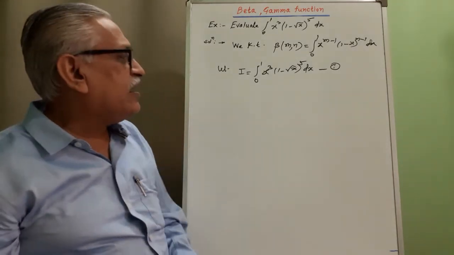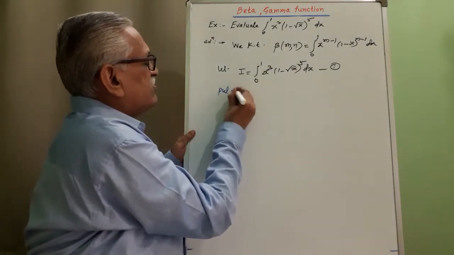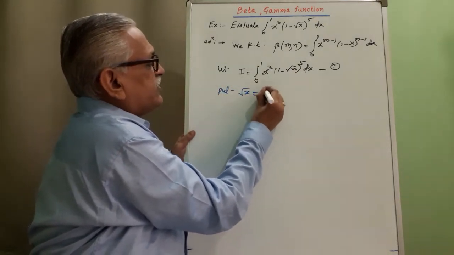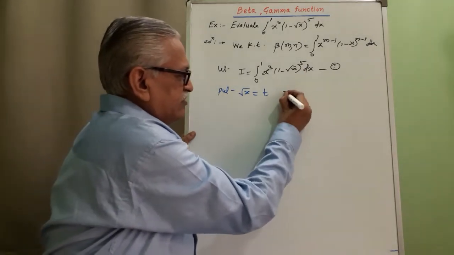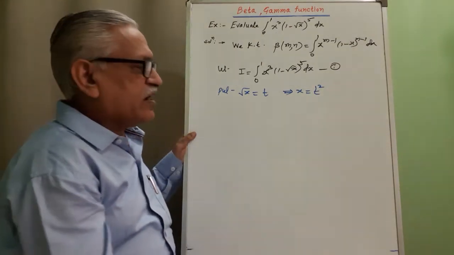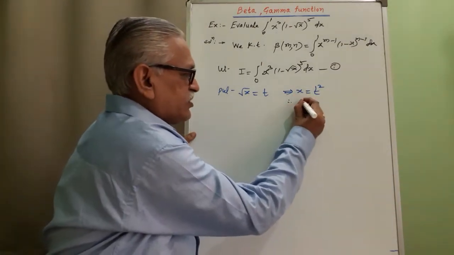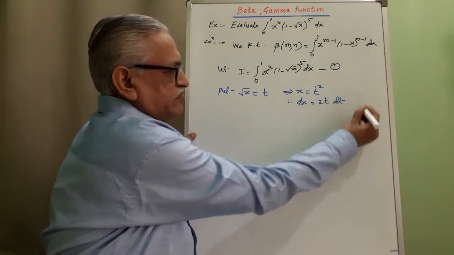In this integral we substitute root x as t, a new variable. Squaring both sides we get x equals t square. Differentiating it we get dx equals 2t dt.